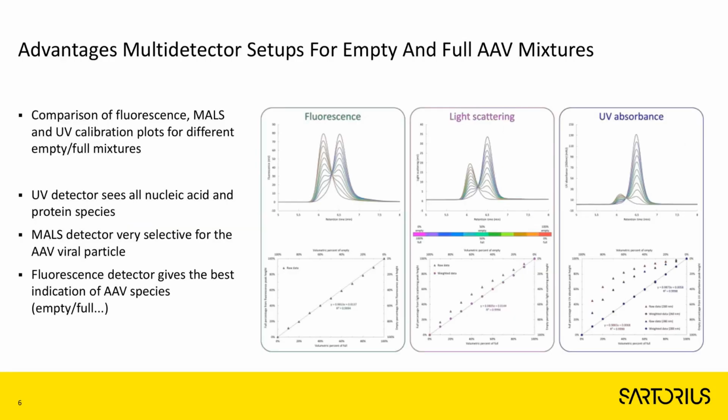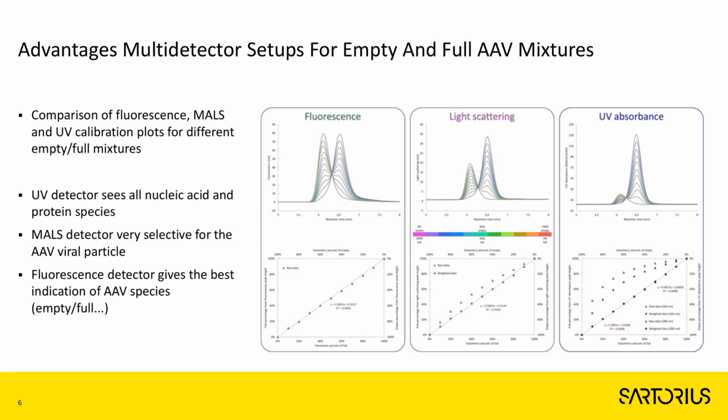A big advantage with analytical chromatography is that it's a method established well over 50 years ago, which has allowed the field to develop multiple detectors, not just methods, to probe your sample in different ways.